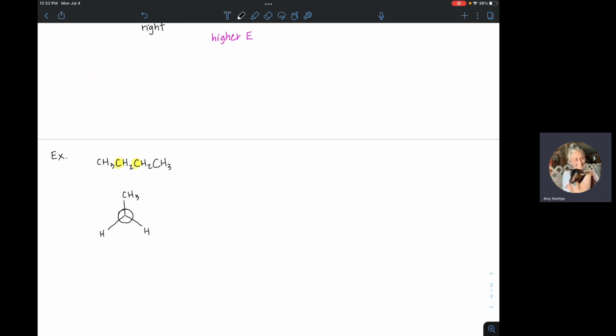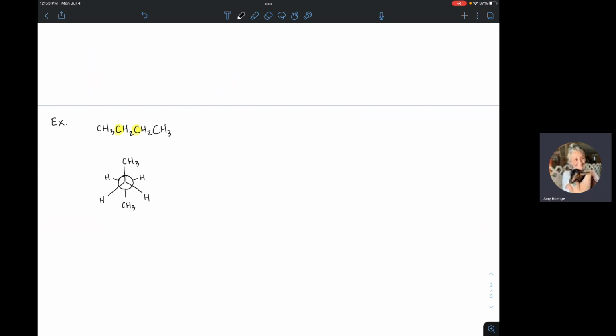Behind it, we'll have carbon number 3 with the same situation. We're going to have a methyl group and two hydrogens. Notice how I put both methyl groups. So one of those methyl groups is bonded to carbon number 2, and the other methyl group is bonded to carbon number 3. And we're staring down the barrel of that carbon-carbon single bond between carbons 2 and 3.